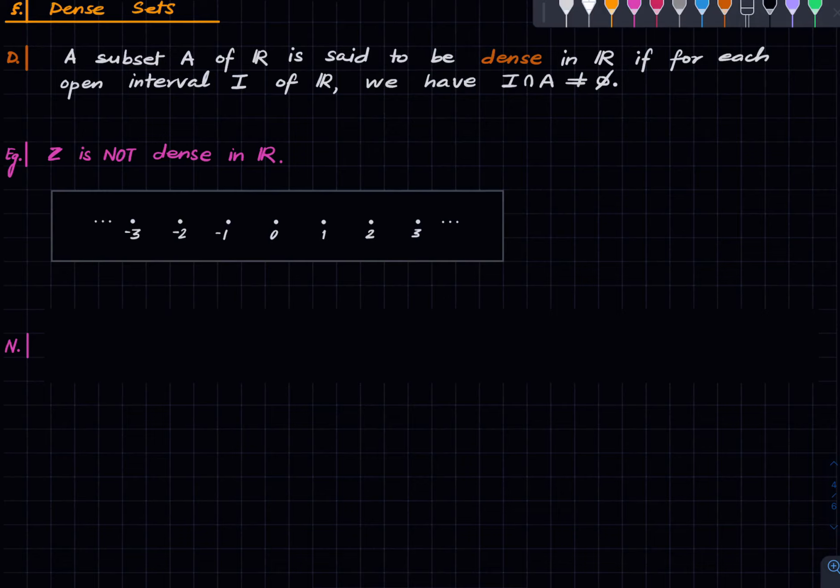For example, one can just restrict your attention to this much, which is just 1/3, 2/3. So if you take I as this open interval, all the things between 1/3 and 2/3, then I does not intersect Z, and therefore Z is not dense in R. And in fact, one can find many such open intervals.